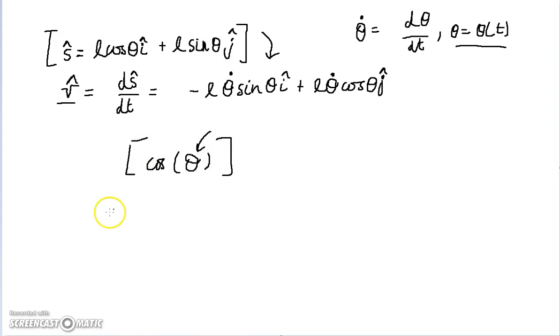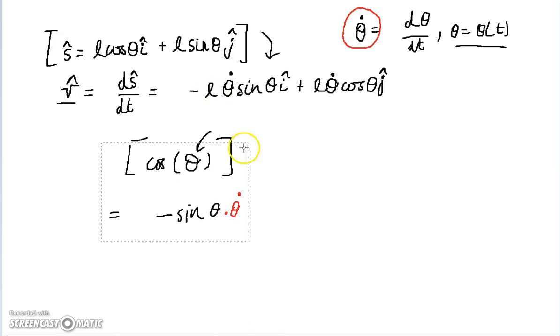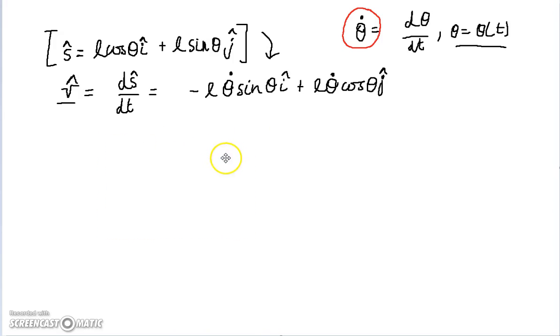The derivative of the outside function is just negative sine of theta, and the derivative of the inside function is just theta dot, and the constant remains outside. So hopefully that's made it clear, and that you're okay with the fact that this is the velocity vector.